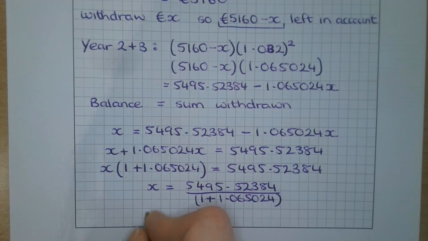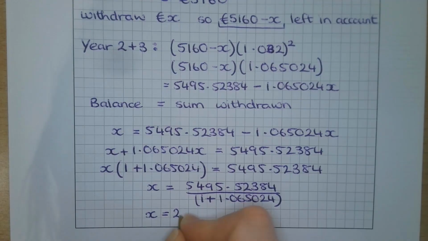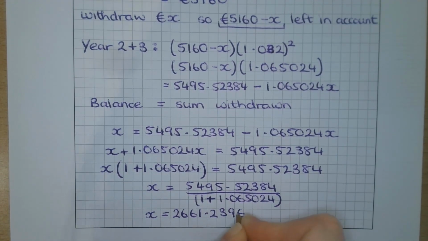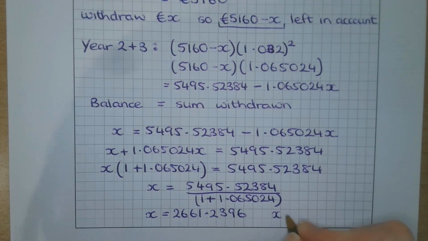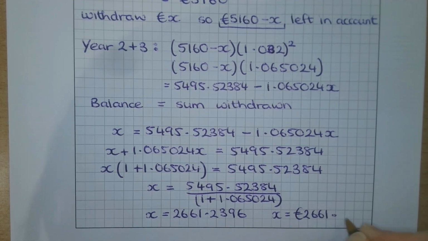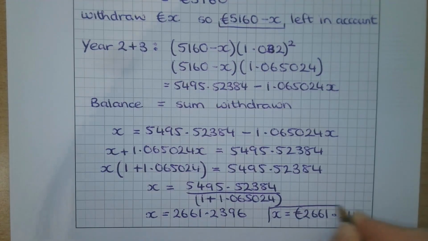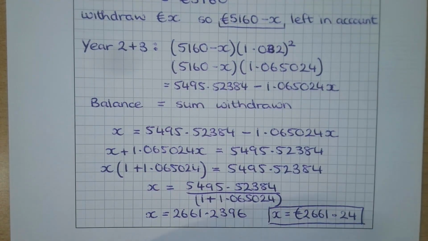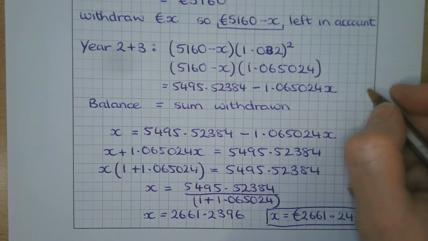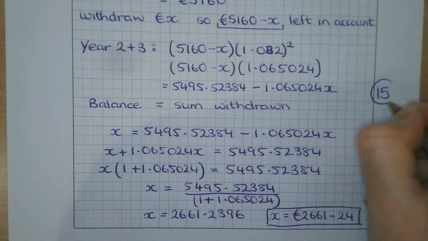We can work that out on our calculator. We get 2,661.2396. We want our answer correct to the nearest cent. So X is equal to 2661.24. That's our amount withdrawn at the end of the first year. Now that question was worth 15 marks altogether.